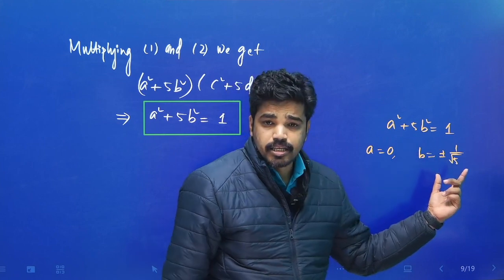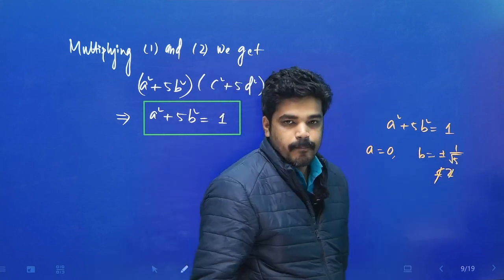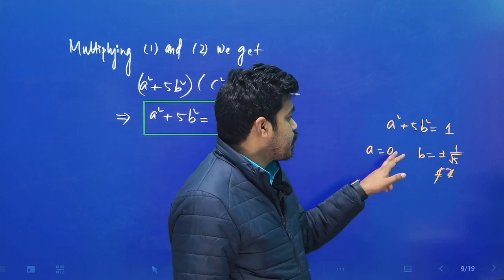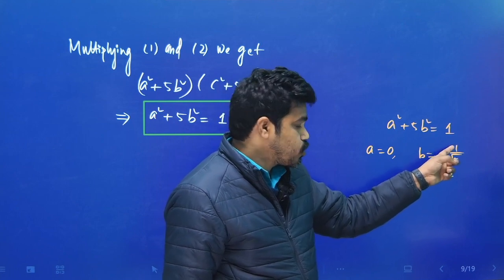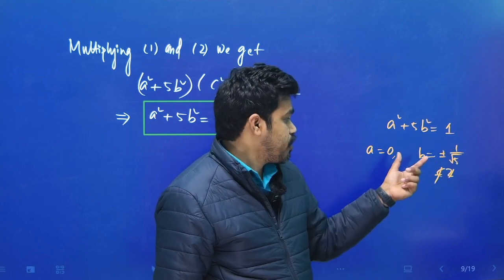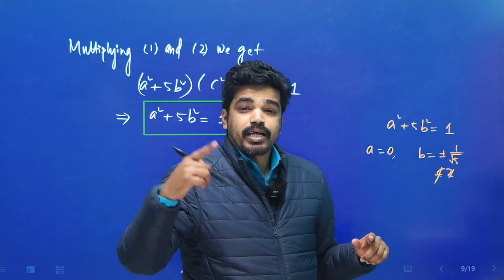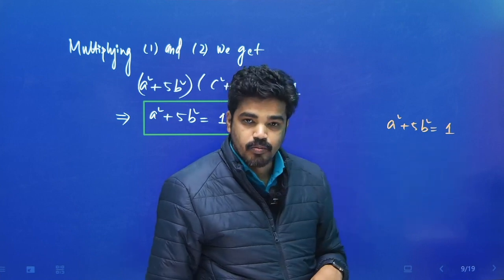Can this be in Z? That does not belong to Z. So if a is equal to 0, then b is equal to plus minus 1 by root 5 and the equation would be satisfied, but 1 by root 5 does not belong to Z, so a cannot be 0. Understood?